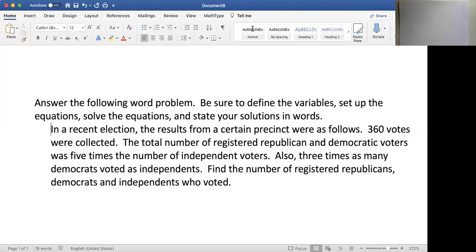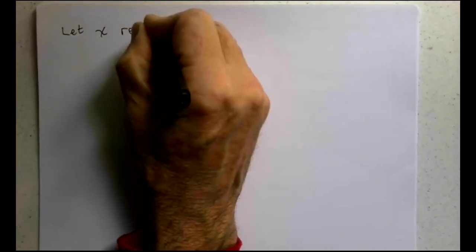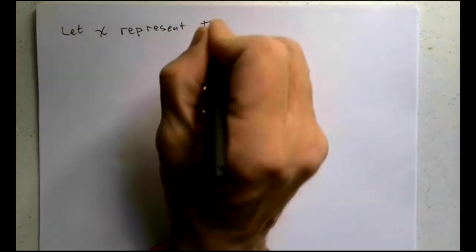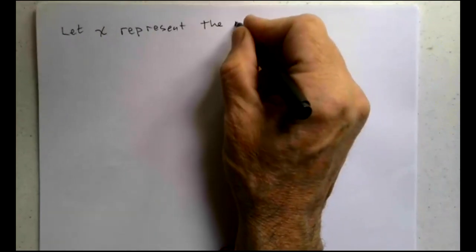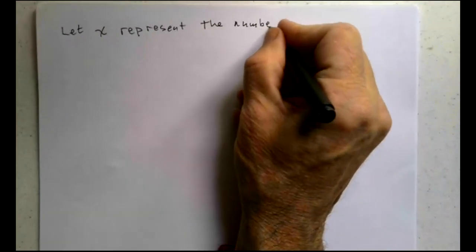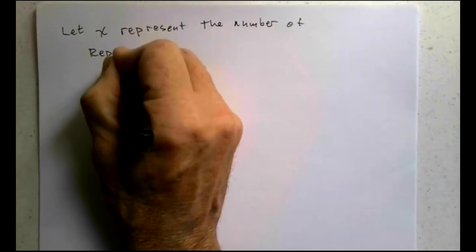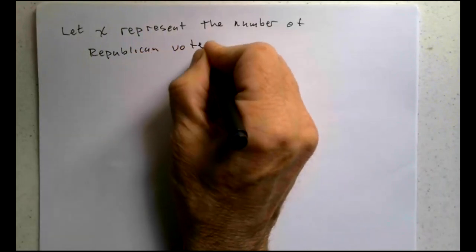So I've got to define X, Y, and Z to define our variables. Let X represent the number of Republican voters. Y will be the number of Democratic voters.